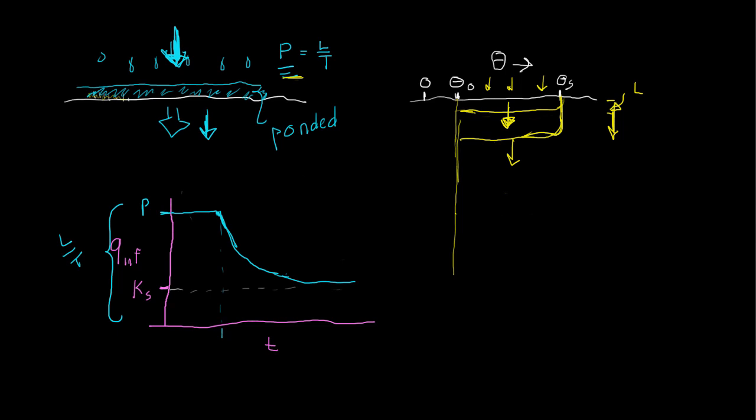And eventually, of course, the infiltration rate will start to slow down when the slug gets thick enough, when L gets thick enough to where the hydraulic gradient between the surface and the point right beneath the slug starts to approach 1.